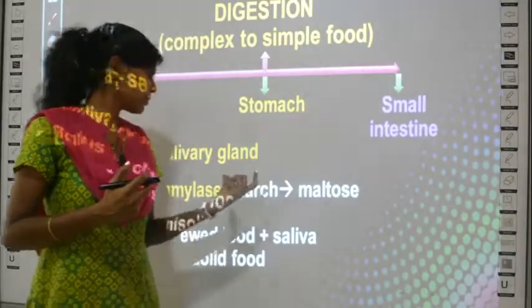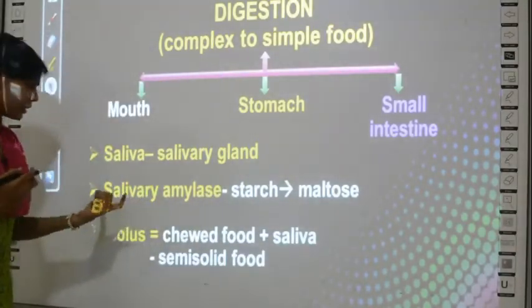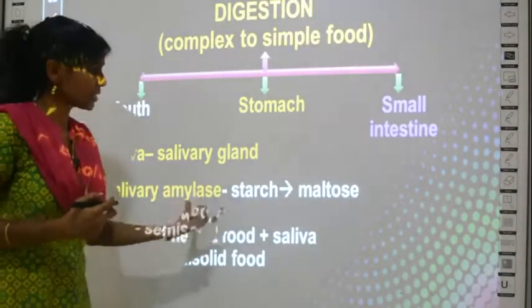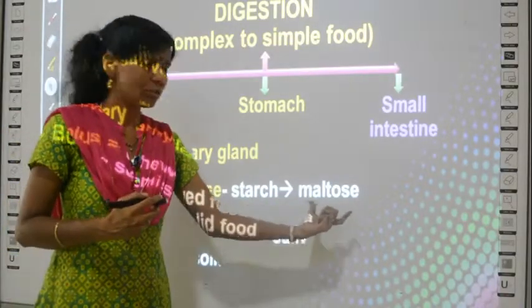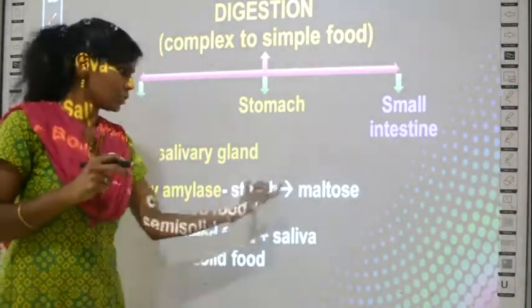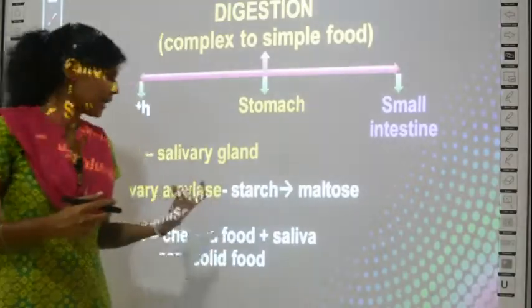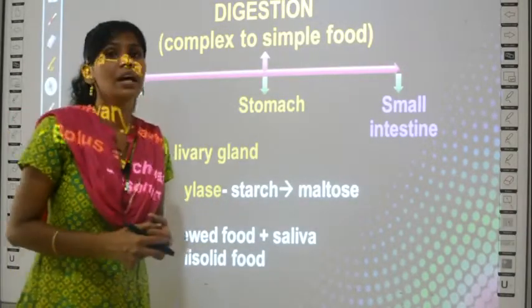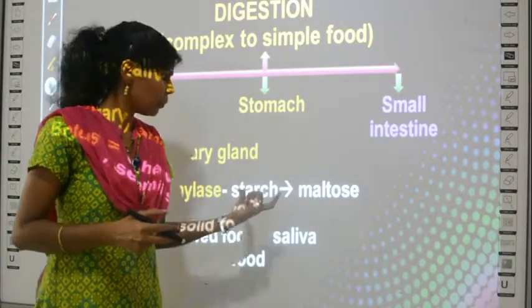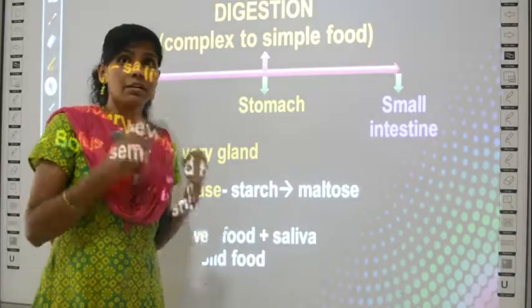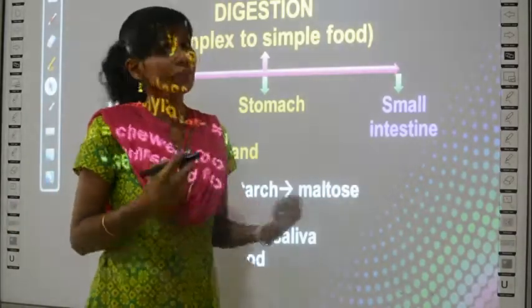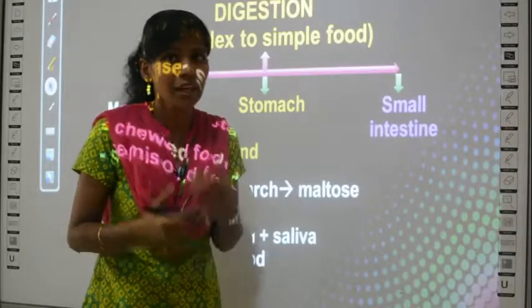Okay. So here if you see what is given, salivary amylase converts starch into maltose, or it breaks starch into maltose. I told you amylase can act only on carbohydrates, right? Why is starch given here then? Because starch is a carbohydrate.